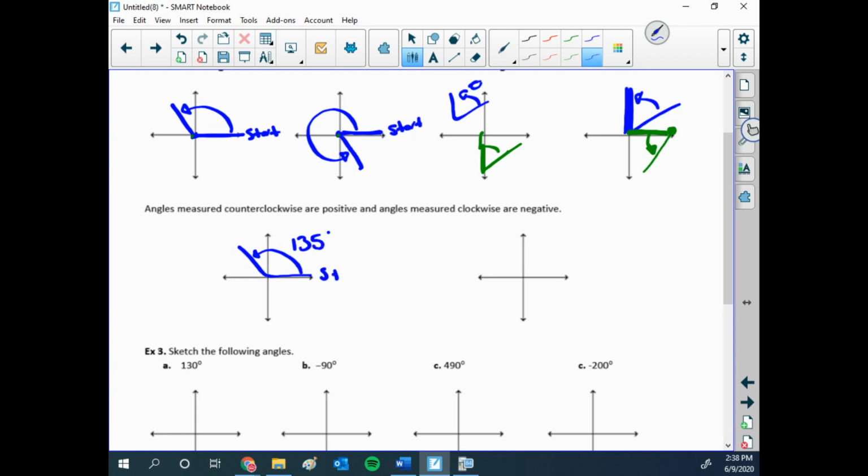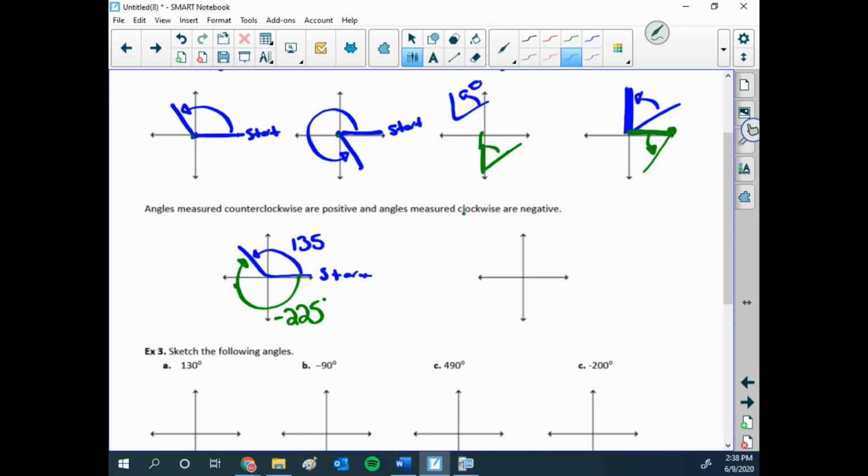If I approach this from the reverse direction, still starting in the same place but going clockwise, that angle would be the negative value of that.